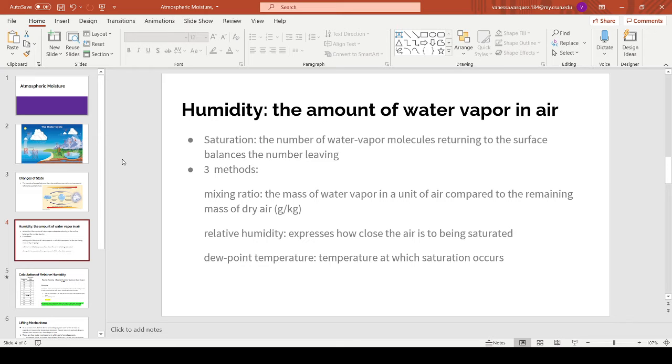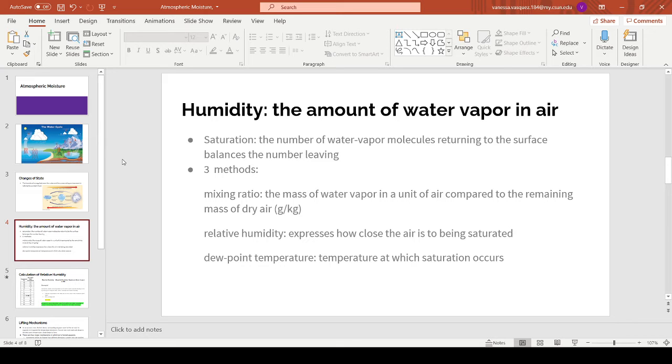In this case, it's talking about an air mass holding the maximum amount of water vapor content, and when it can't hold any more water vapor, it is saturated. So the air mass is saturated with water vapor. There are three ways that meteorologists measure humidity in the air.